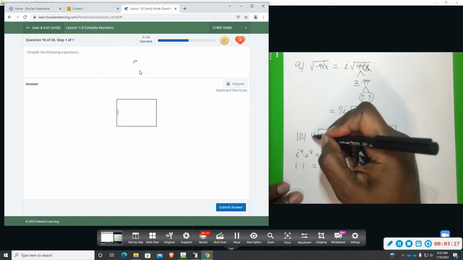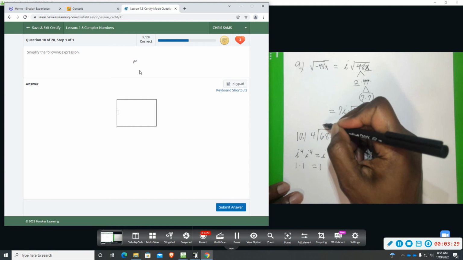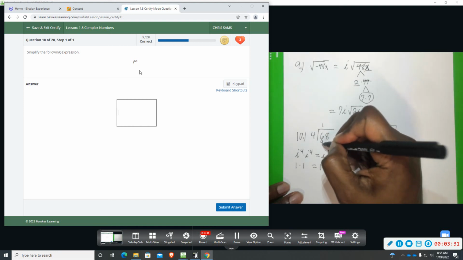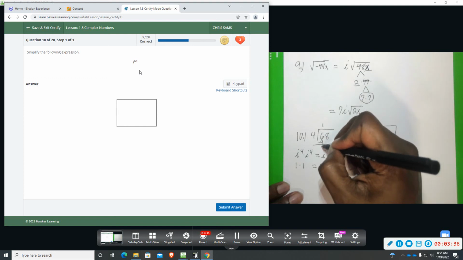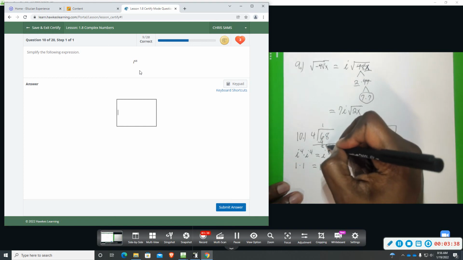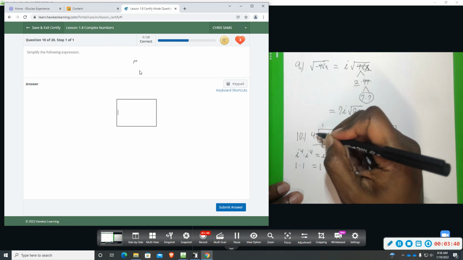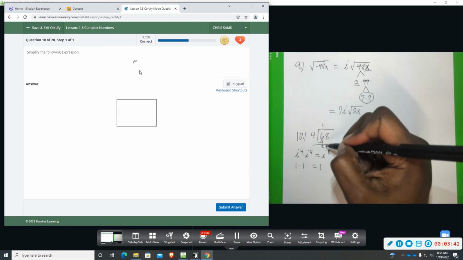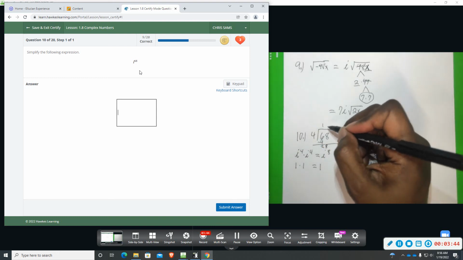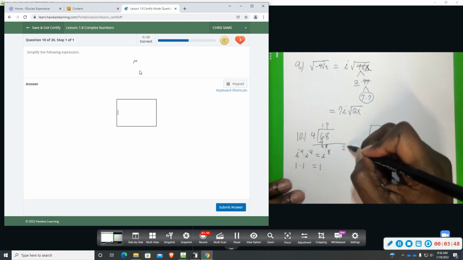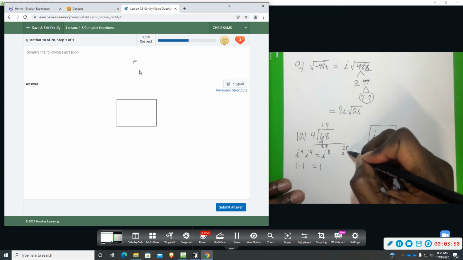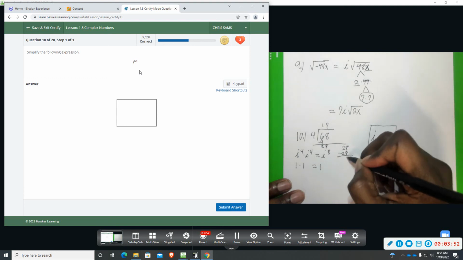Okay. So 4 will go into 6 one time. Subtract that off, and we get 2, bring down our 8. And then 4 will go into 28 7 times. 4 times 7 is 28, subtract that off, we get 0.